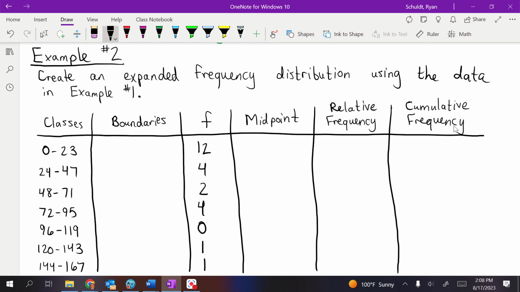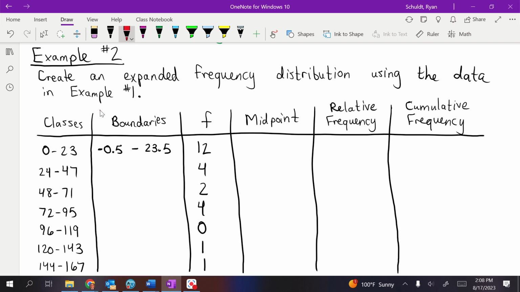Okay, for the boundaries, let's start there. Those are the easiest to do because all we're doing is taking the class boundaries here, subtracting 0.5 from the lower one, adding 0.5 to the upper one. So this would be like negative 0.5 to 23.5. I subtracted 0.5, added 0.5.